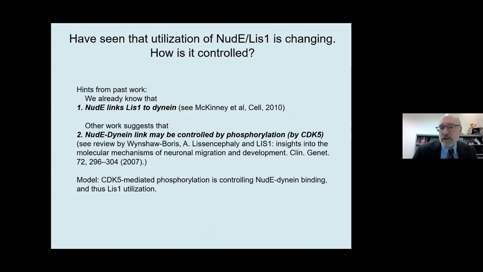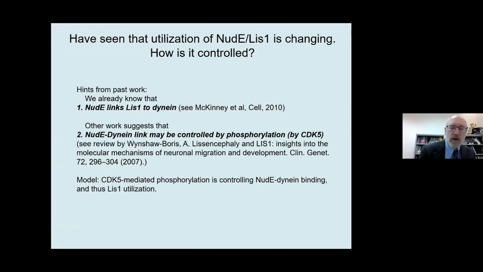Okay, so how is NudE and Lis1 utilization changing? How is it controlled? So we already knew that NudE links Lis1 to dynein, that basically NudE binds to the dynein intermediate chain and Lis1 binds to NudE, and that the Lis1 dynein interaction is in many cases transient.